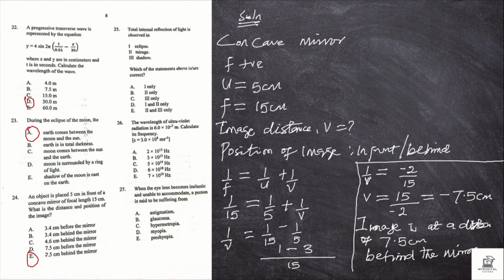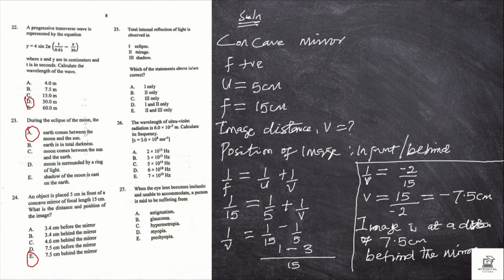Are we clear? So the next question 25 says total internal reflection of light is observed in A, eclipse, B, mirage, C, shadow. Which of these statements above is or are correct?